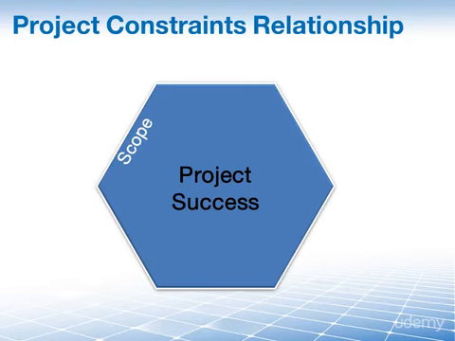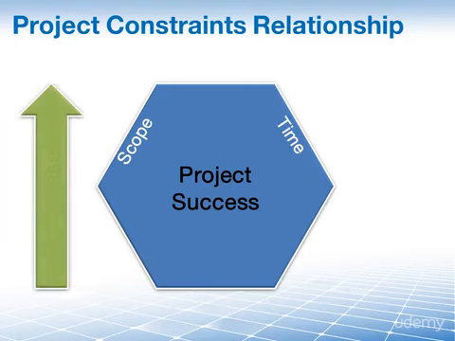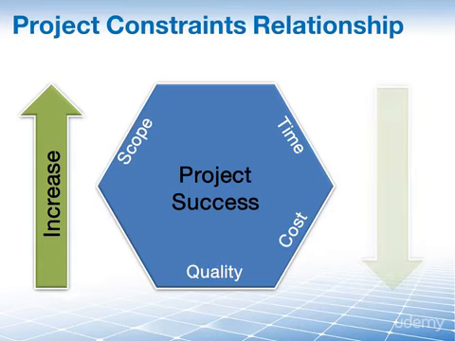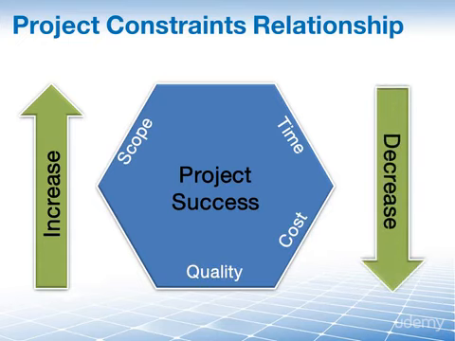So instead of the traditional thought process of using a triangle to envision the 3 major competing project constraints, which in the past used to be called triple constraints, let's use a hexagon to envision these constraints.